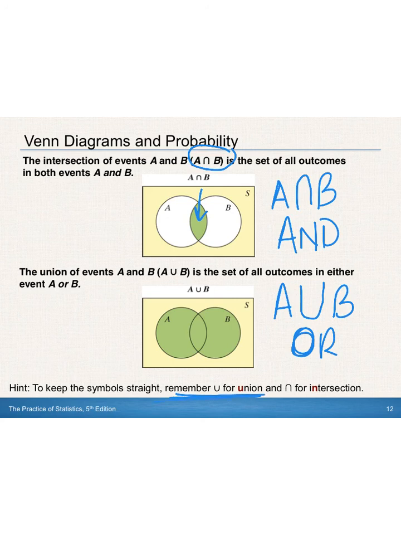I think this might help: U for union. Intersection, I think of it this way, where the intersection laps over that overlap and the union takes the whole thing, but that's what works for me. You've got to figure out what works for you.